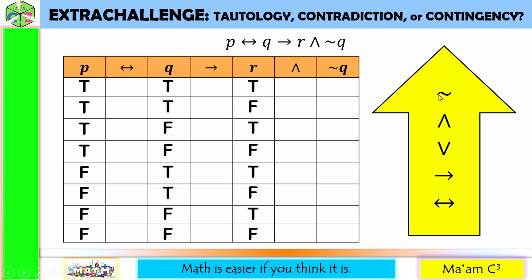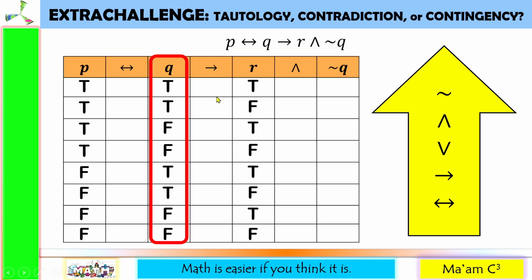So meaning we are going to perform first the negation, the not Q. So focus your eyes on Q and then we are going to negate this. So true will become false. True will become false. False, this is true. This is true. This is false. This is false. This is true and this will become true.